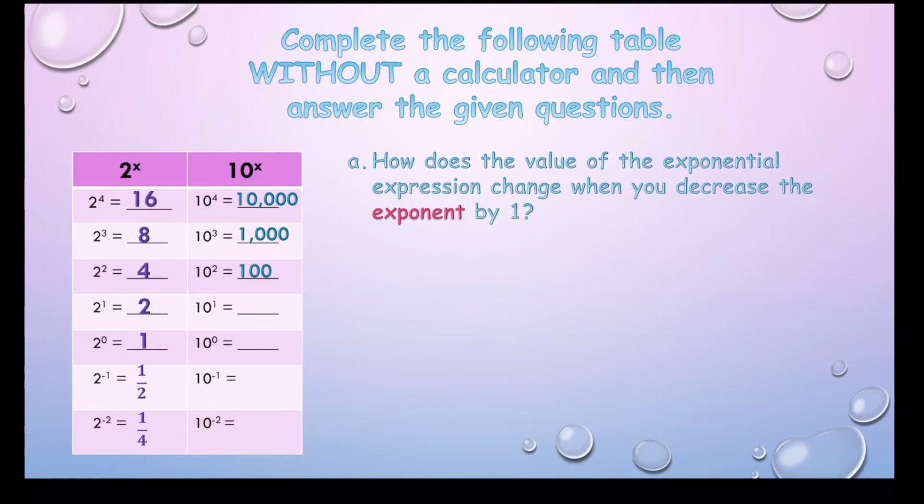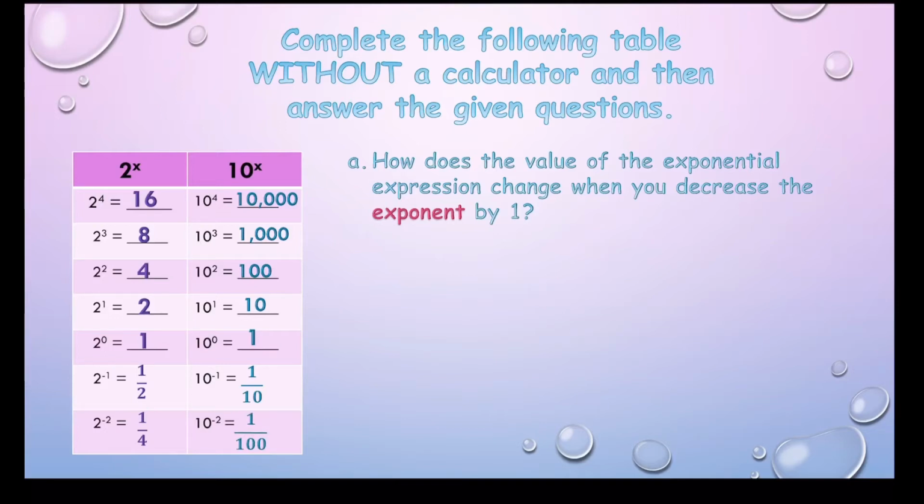And then 10 to the 1st is just 10. So with that pattern, every time I decrease my exponent by 1, I'm dividing by 10. I'm dividing by the base. So 10 to the 0 is 1. Well, again, I'm going to divide by 10. So I'd get 1/10. And then I'd get 1/100th.